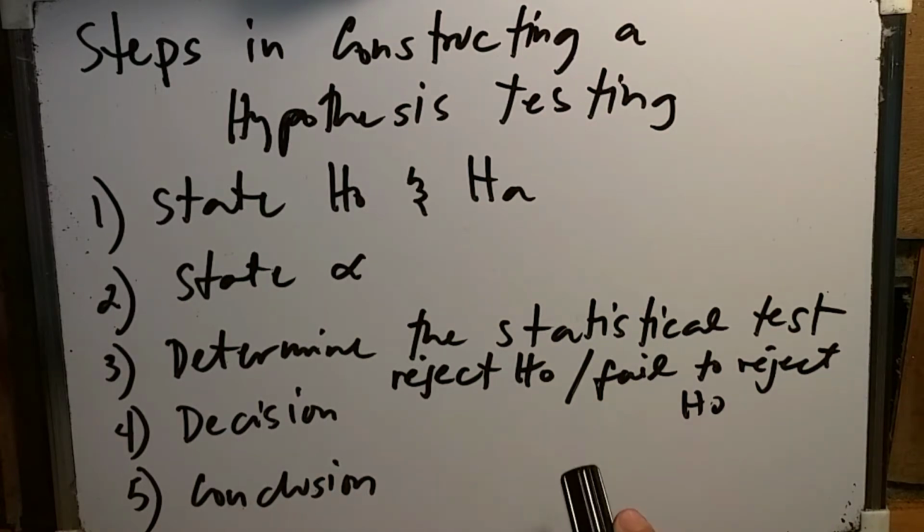Notice that we are focusing on H naught, not on HA, in making the decision. And then lastly, for the conclusion, you state a simple argument regarding the evidence that you made in your analysis.